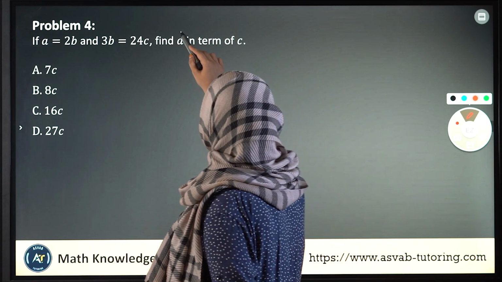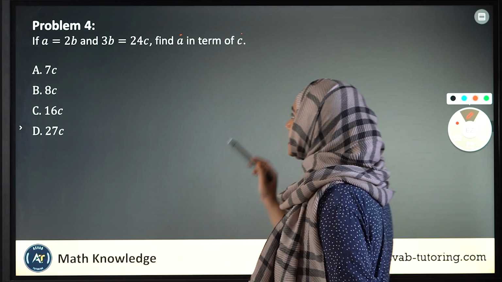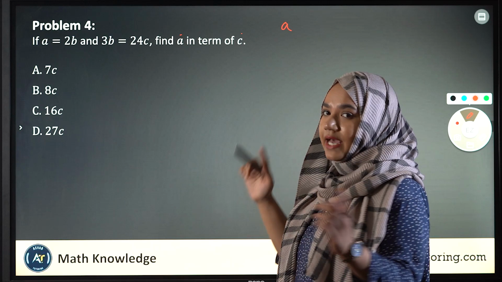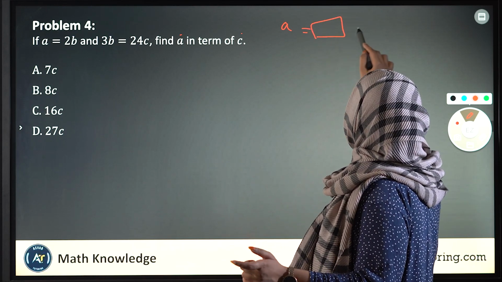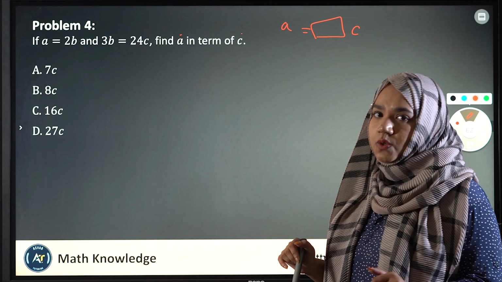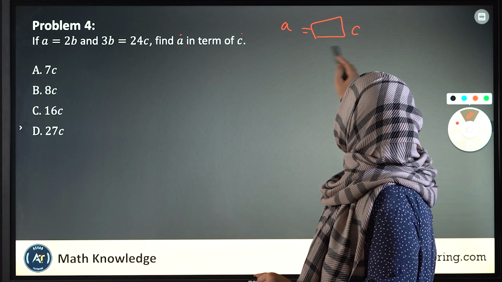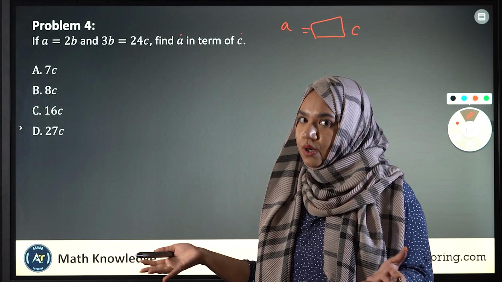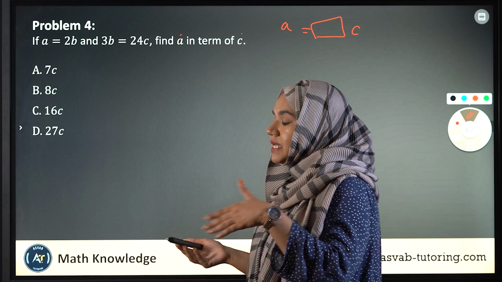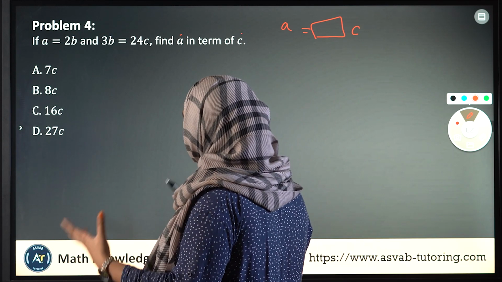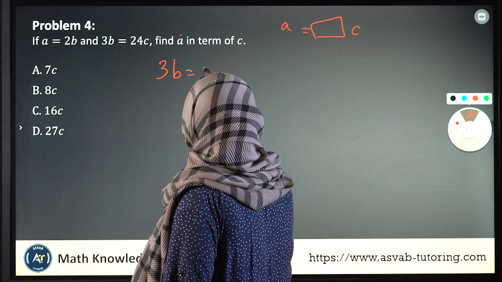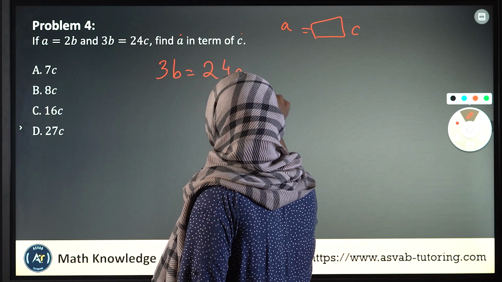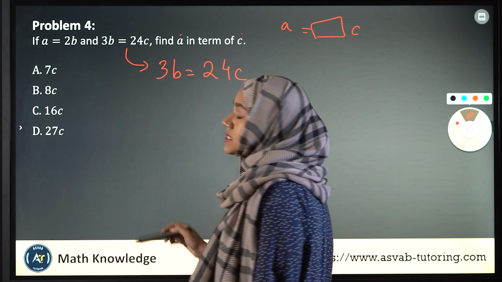So we need to find A in terms of C, which means A has to be on the left of the equals, there has to be something in the middle, and then there has to be C. So is there any letter B in the answer that is required? No, there's not, right? Which means that B needs to be eliminated. To do that, what we can first do is, let's say my answer here was what? This is 3B equals 24C, right? That is what was given, right?